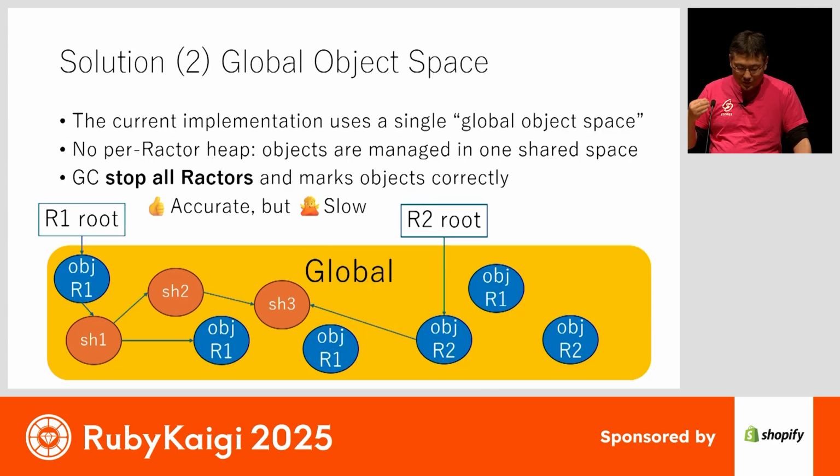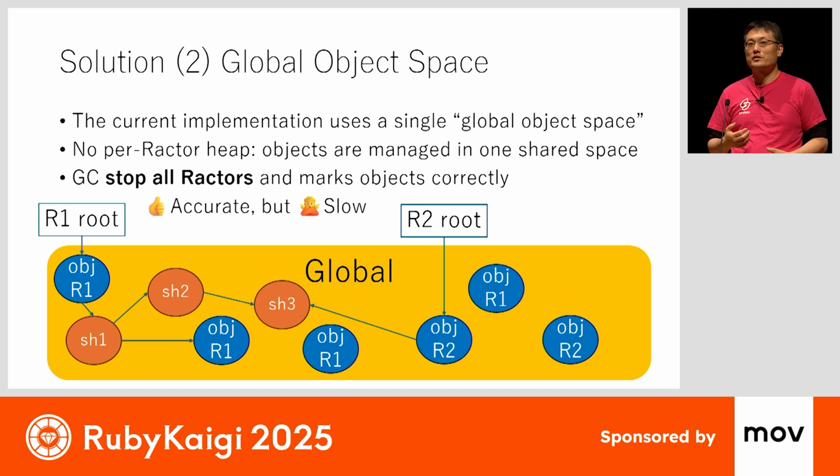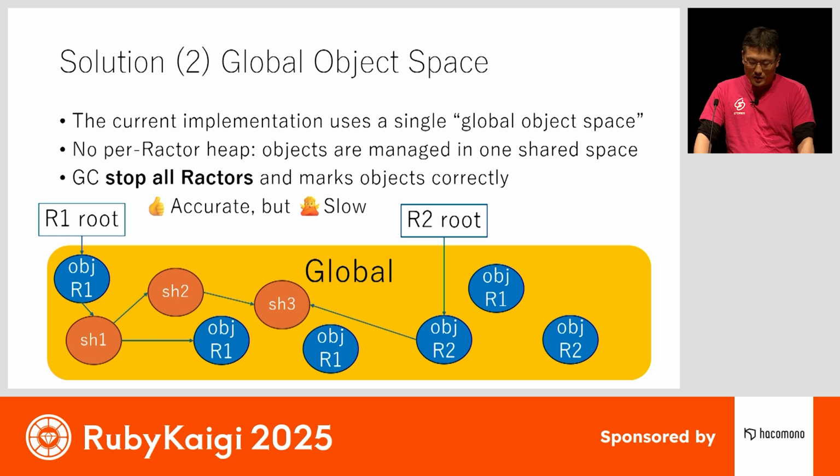Because solution one seems difficult, and we were using the global object space just now, the current master branch, from Ruby 3.0 to Ruby 3.4 and the master branch, uses a global object space. That means there is no parallel heap. All objects, whether created in R1 or R2, are managed together.